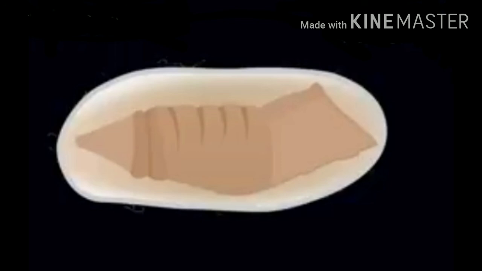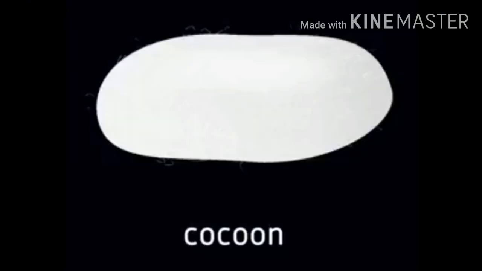This is because if the silkworm is allowed to mature into a silk moth, then the fully formed silk moth secretes a liquid to dissolve a part of the silk of the cocoon to break it so as to come out of it and fly away.